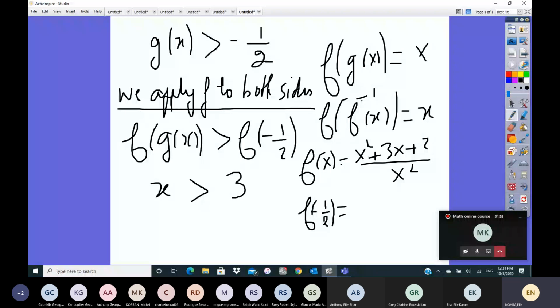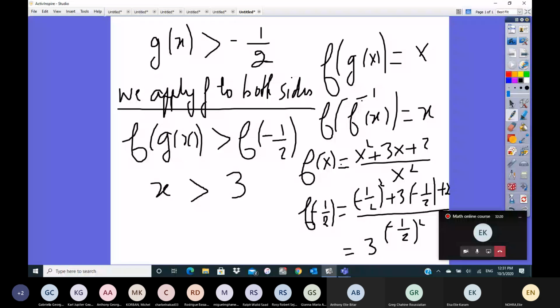I replace x by minus half: minus half squared plus 3 times minus half plus 2, over minus half squared. Calculator gives 3. So x greater than 3, meaning x belongs to 3 plus infinity.